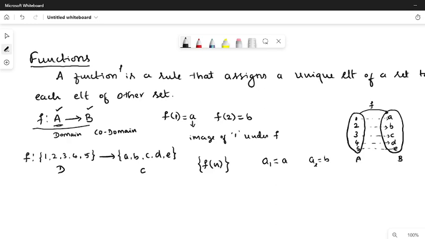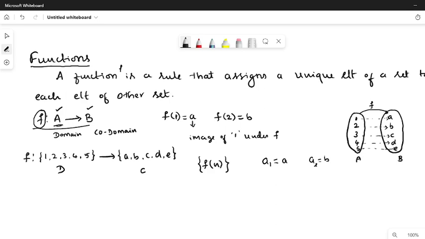See, if I write f colon from A to B, then this f, which is called a function, represents a set of rules that maps every element of A to a unique element of B. That point is very much important.